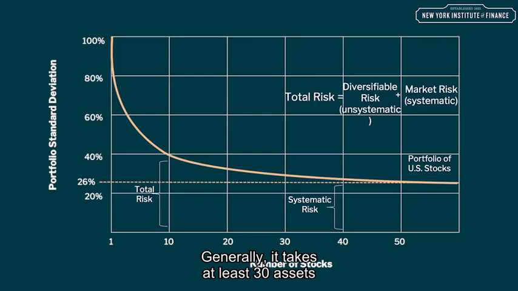Generally, it takes at least 30 assets to have a diversified portfolio, but that also depends on the selection of assets. One of the ways of minimizing volatility is to add more assets to the portfolio. Each company has what's called systematic risk and unsystematic risk. Systematic risk cannot be diversified away, but unsystematic risk could be diversified away.